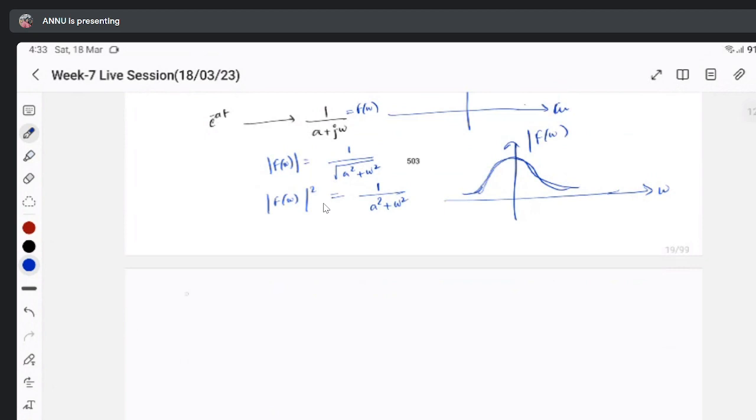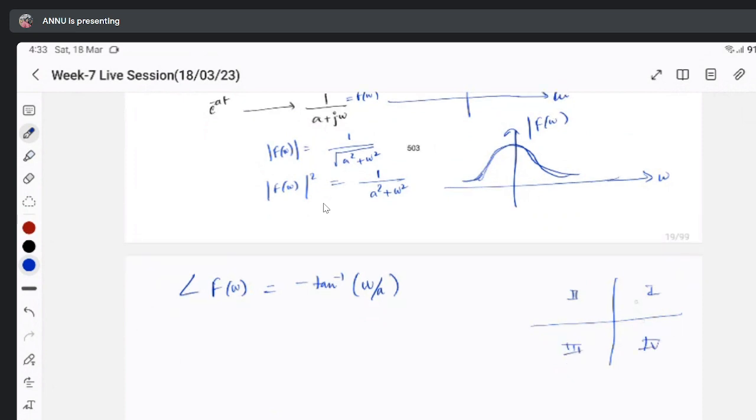Now, first, the phase spectra of the Fourier transform. What should be the phase spectra? F of omega is this one. What should be the phase spectra? Minus tan inverse omega by a. Nice. Why minus? Because here is the denominator, and it will have the corresponding positive, which will be in the first, second, third, and the fourth quadrant.